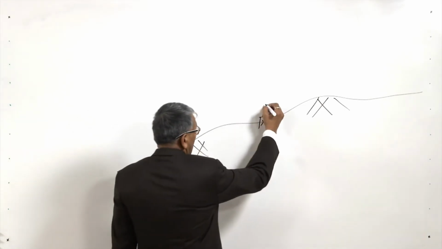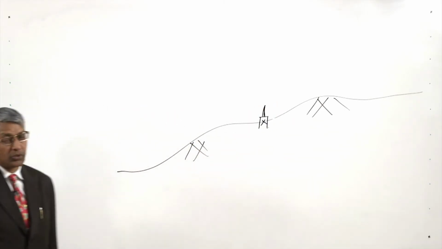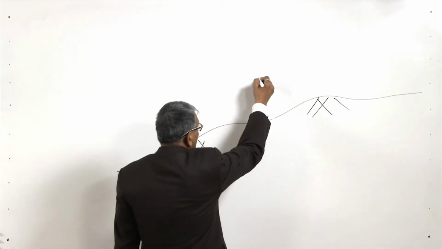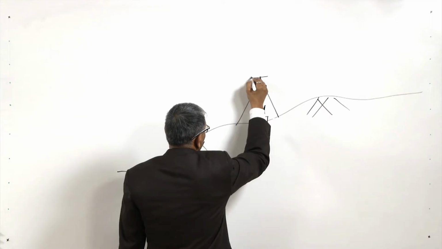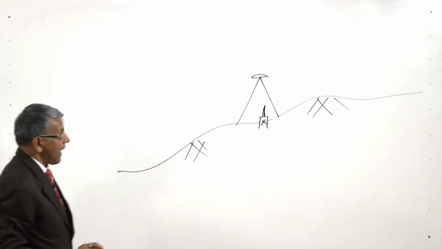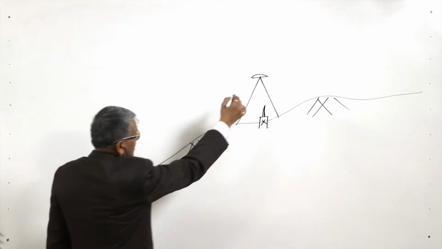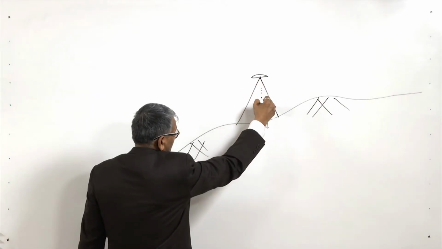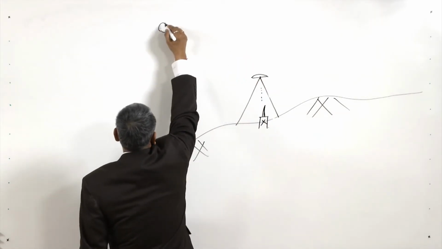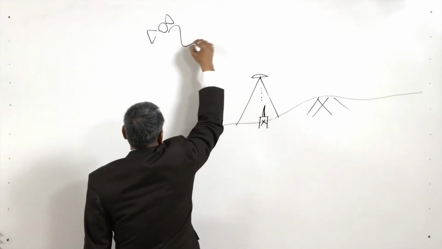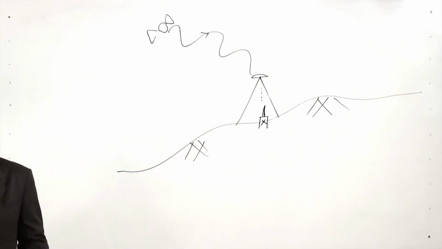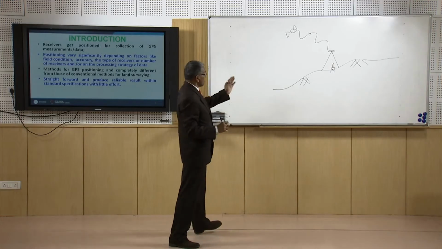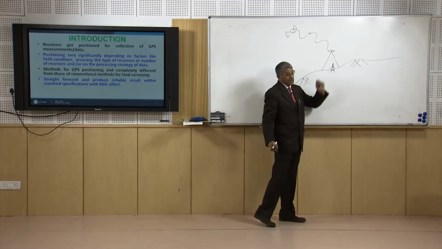For this point we like to find out the position. So, what we will do, we generally set up the instrument over it and make the centering and leveling on this point, and the signals arrive from GPS and this receiver receives. In this way we collect the GPS data.